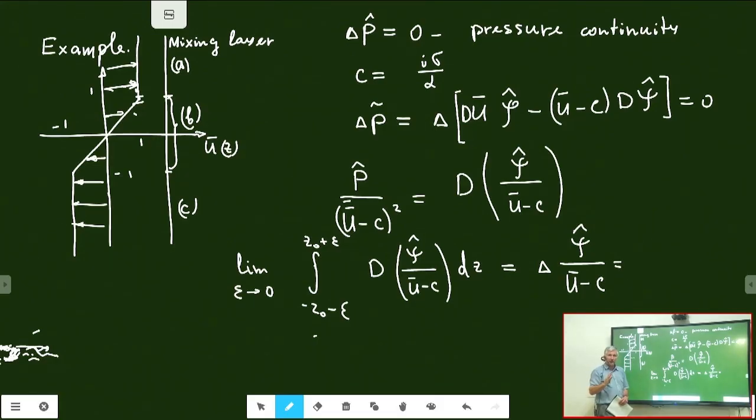Is it clear what I'm doing geometrically? z0 is the location of this corner. And of course, we have two of them, so this will work for both of them. I integrate over that corner, but very close to that corner. That's what epsilon is. In principle, I would like to make sure that this limit reduces the region to zero thickness.